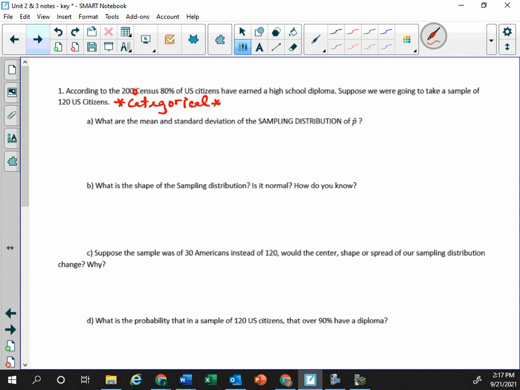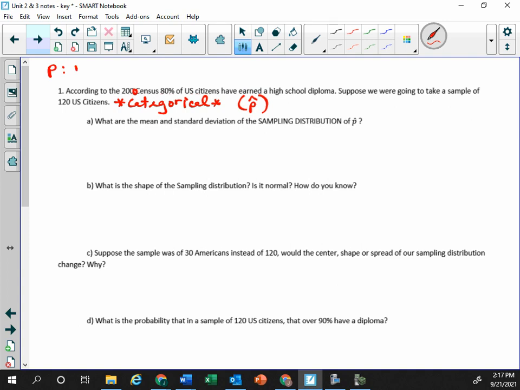Which means we're talking proportions, so you're going to be dealing with the p-hat. You're thinking about the formulas that have p-hat. We need to define what P is when we're doing one of these proportion problems. So let's just up at the top here squeeze in what P is.